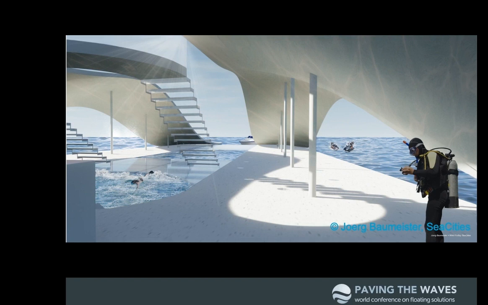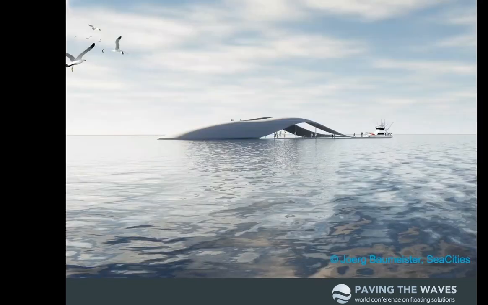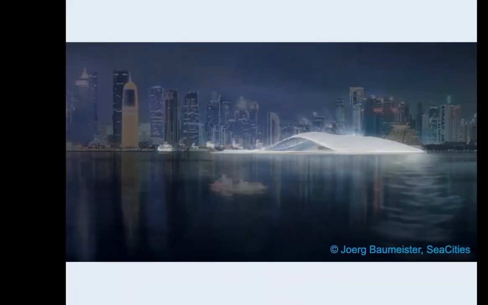And you see again this glass bottom, first mooring, glass bottom, and then pool, and the stairs up, and the diving pool. This is the elevation now, the top part, which is shaped due to some aerodynamic experiments and improvements, and of course it can also be illuminated at night.